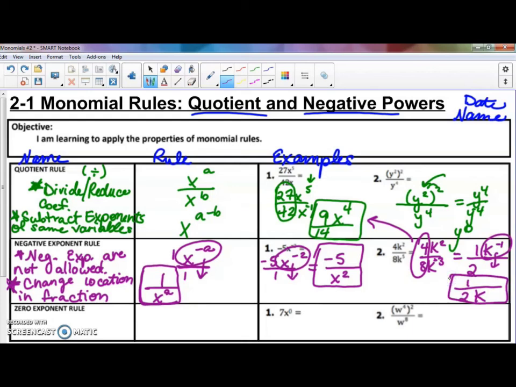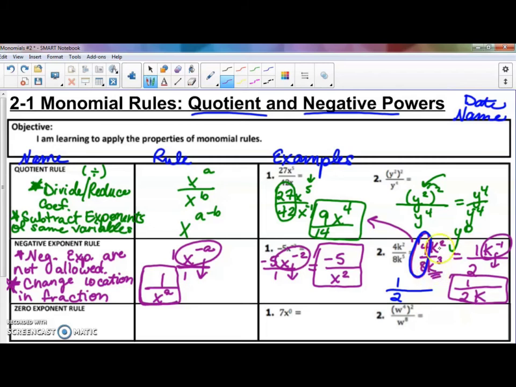And there's another way to do this problem that I'm going to show you out to the side here that actually makes it a little bit faster. We're going to do the same thing as before. We divide our coefficients. 4 divided by 8 gives us 1/2, so long fraction bar there, 1/2. Now if you look at this and ask which one has the higher exponent, k squared or k to the third, k to the third is the bigger number.